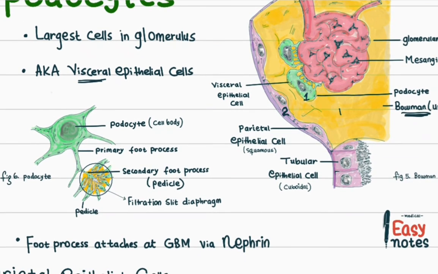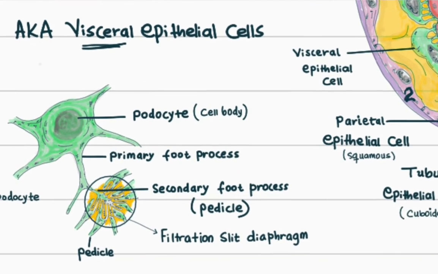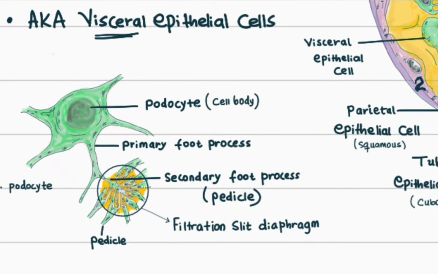The podocytes are regarded as the largest cells of the glomerulus. They have a large, centrally located nucleus in the cell body, and cytoplasmic processes arising from it called foot processes.